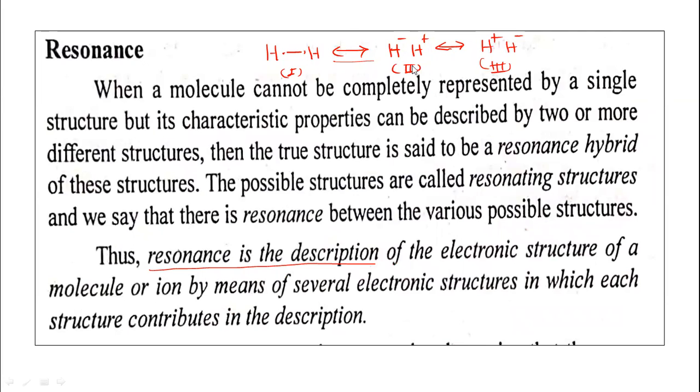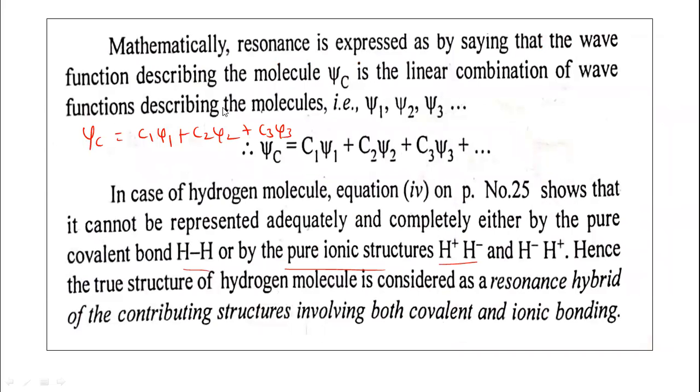You can see here, this is covalent bonding and this is ionic bonding. So the true structure of the hydrogen molecule is the resonance hybrid of these three structures, and it shows covalent as well as ionic bonding. So this is the equation of resonance: psi c is equal to C1 into psi 1 plus C2 into psi 2 plus C3 into psi 3.